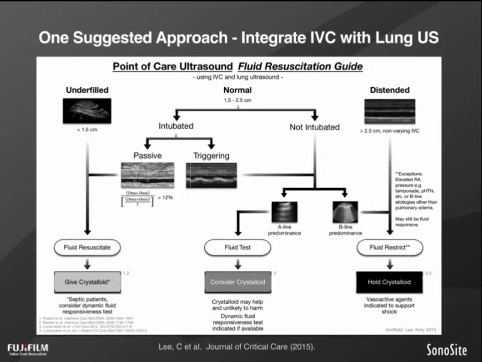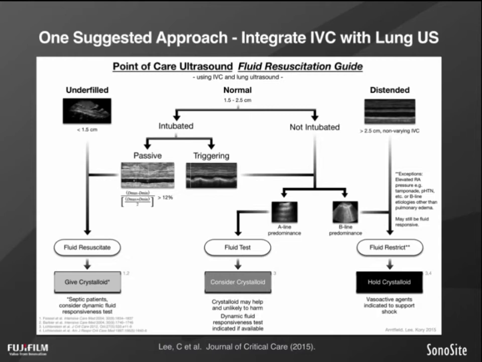But ultimately, consider IVCs at the extremes, such as an underfilled one, less than 1.5 centimeters on positive pressure, or less than even 1 centimeter when spontaneously breathing. Those patients are generally hypovolemic and may need volume loading. At the other extreme is a distended IVC, which in the absence of competing right heart problems is frequently a patient who's volume loaded.